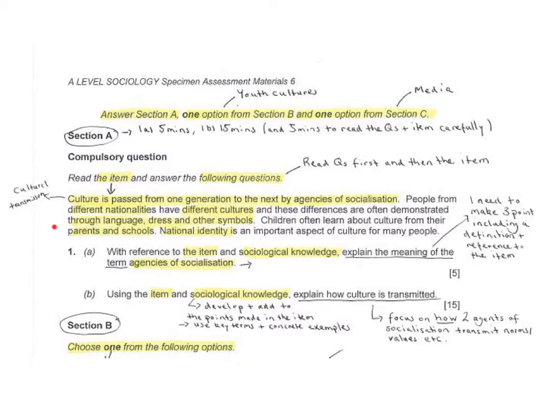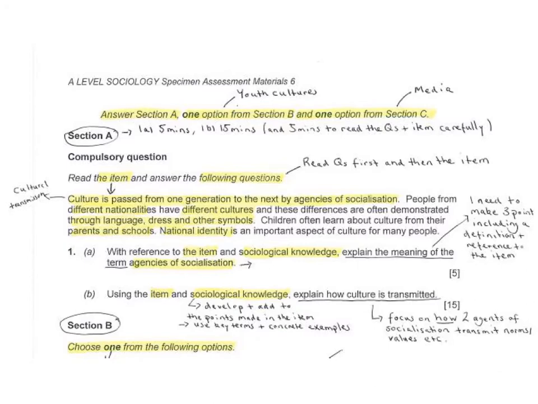We've got different elements of culture identified in the item, language, dress, and other symbols. So I might be thinking of linking that to the concepts of material and non-material culture. We've got examples of agents of socialization, parents and schools, and we've also got reference to national identity being another important component of culture.